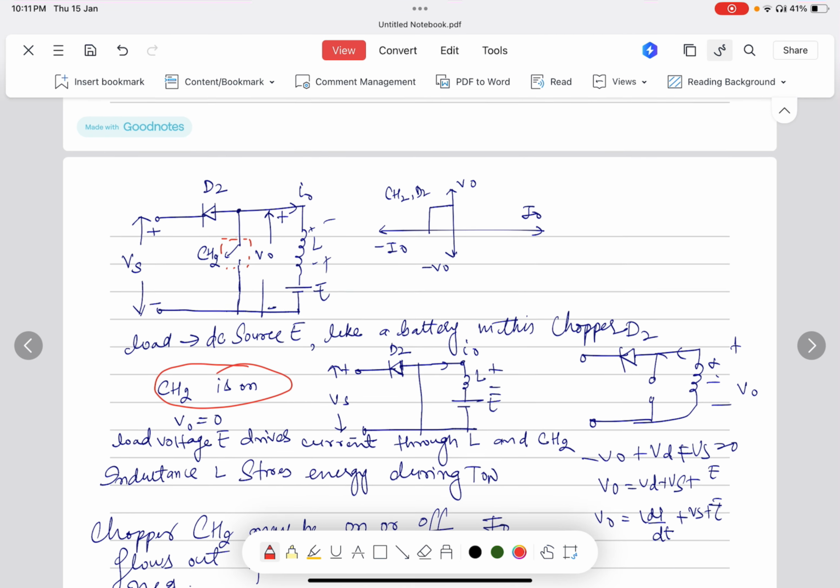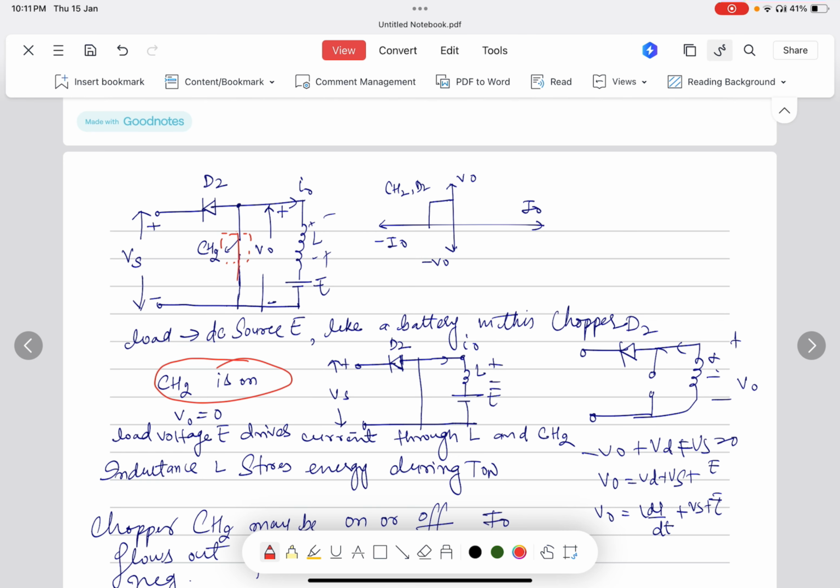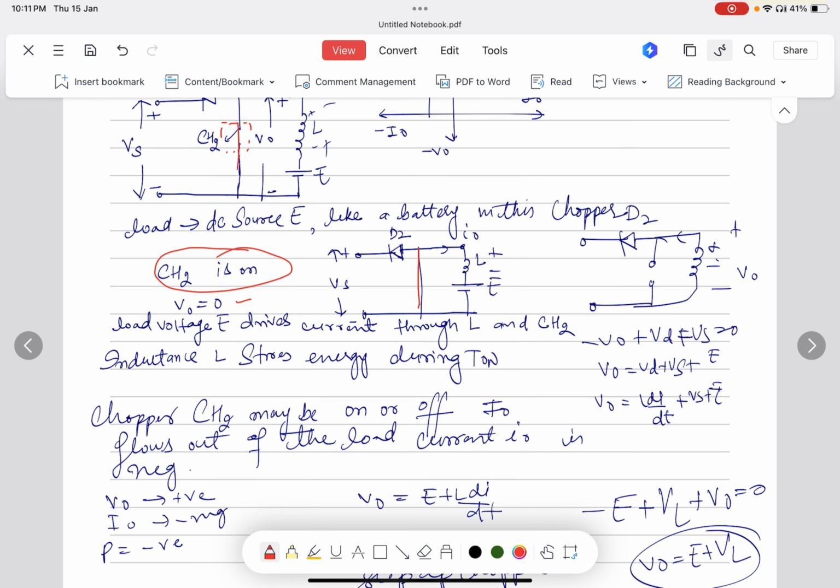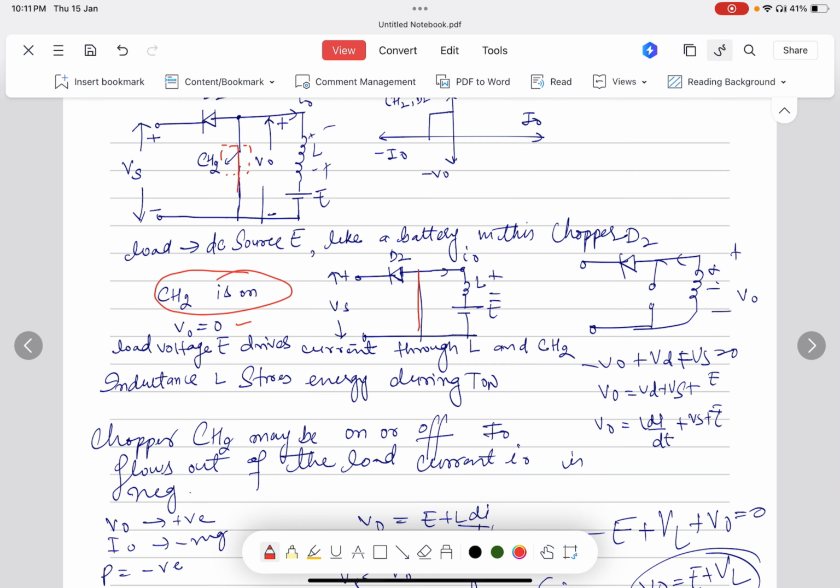When this switch is on, it acts like a short. So the output voltage here is equal to 0. Now if this switch is opened, what happens? Previously the inductor was charged with polarity plus minus. Now it changes polarity and starts conducting through the diode, returning back to the inductor.